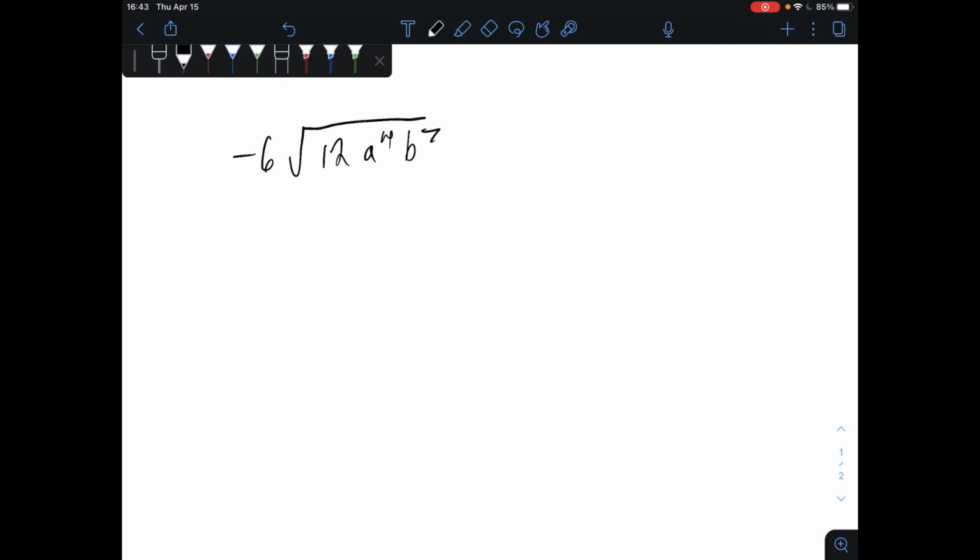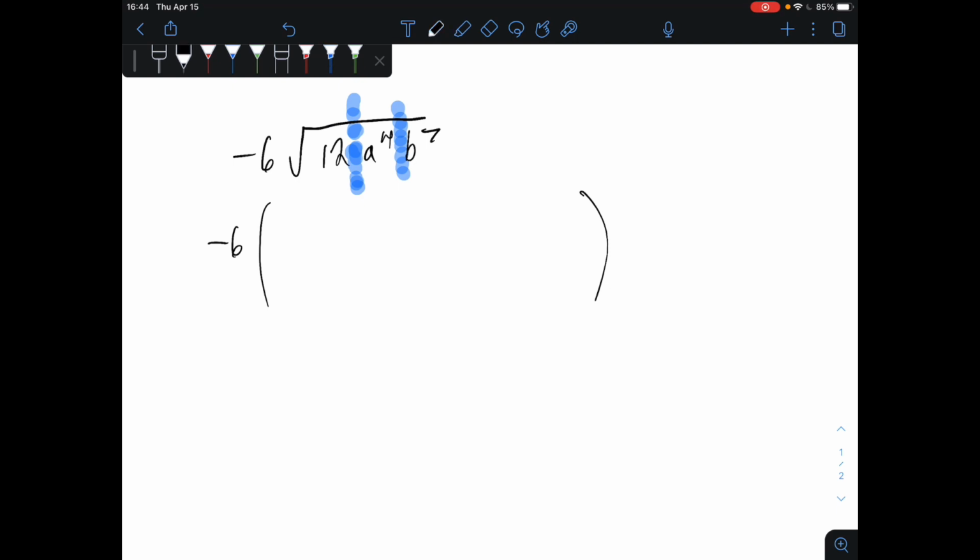Using the same ideas that we did in the last problem, let's take a look. We have -6, that's just going to be way out front, so I'm not going to worry about it too much. Draw these parentheses here, and let's see if we can divide this up. We have another 3-for-1 here.